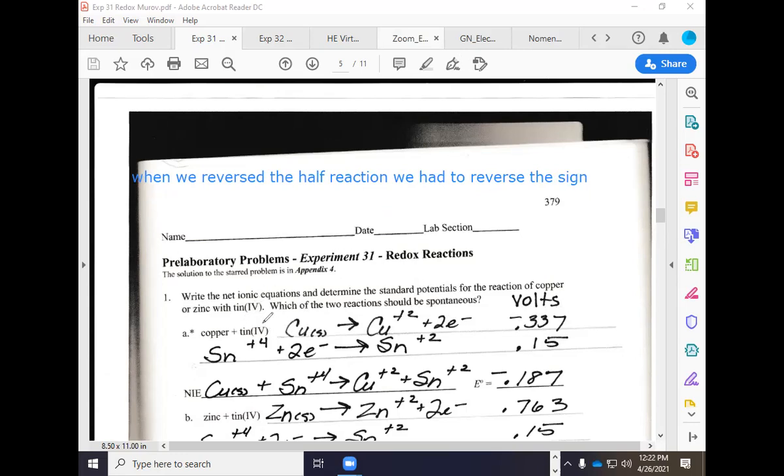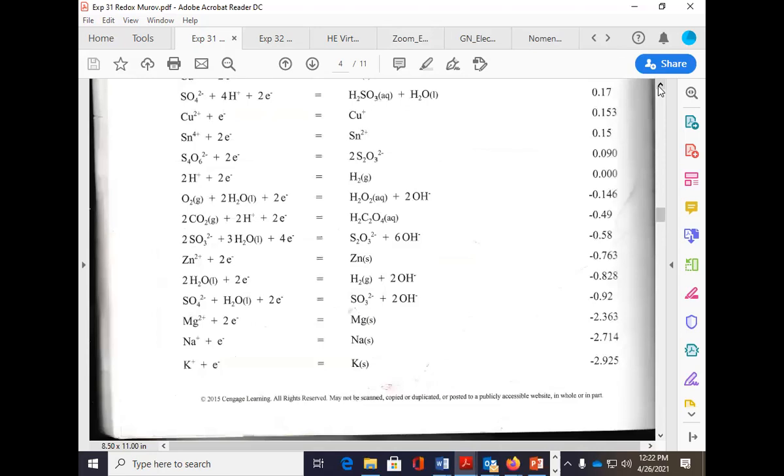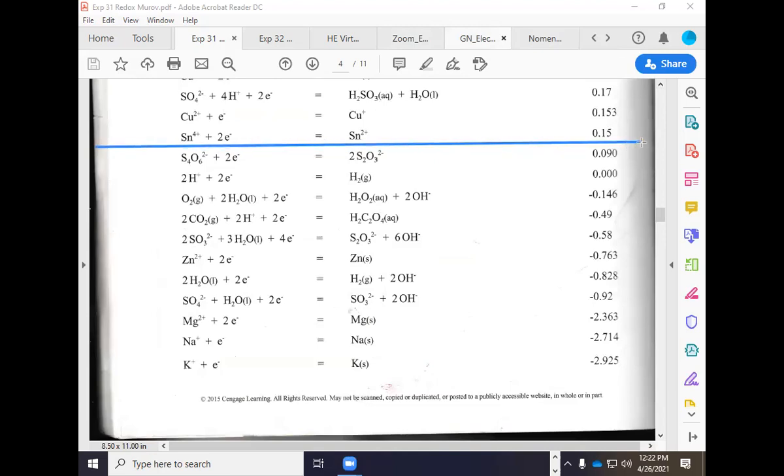So then we have to find the tin 4. So we go back to the table to find the tin 4. And there it is. Okay, so here is the half reaction for the tin 4. And we're going to get to use this as is.